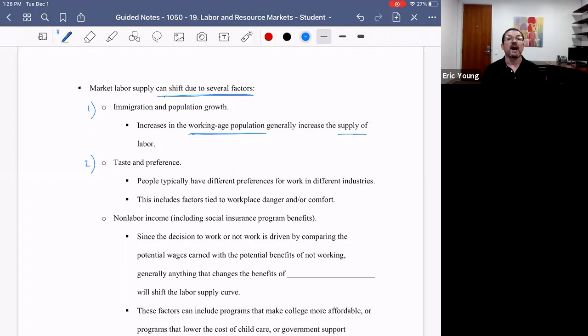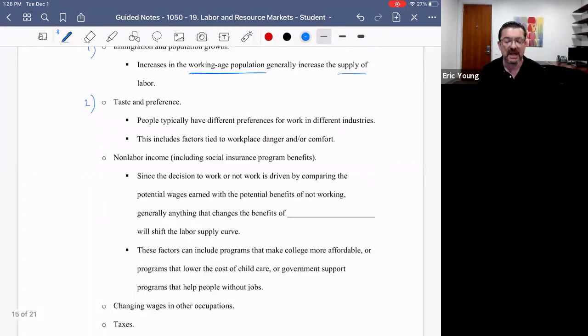We also have the idea of taste and preference. This is a really, really important one and a real big predictor of wage differentials, which we'll get to in a later lecture. But the basic idea here is that people typically have different preferences for work in different industries or different situations. Some people like work with lots of hours and lots of pay.